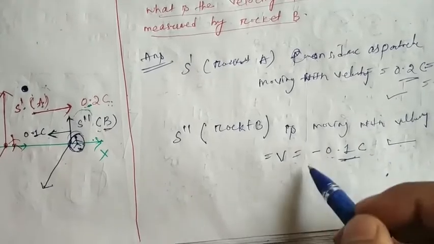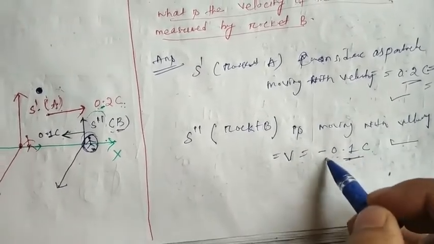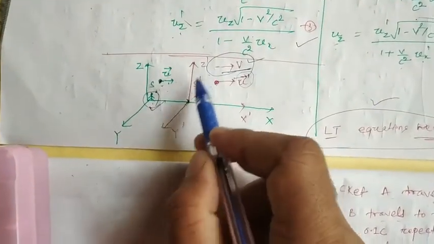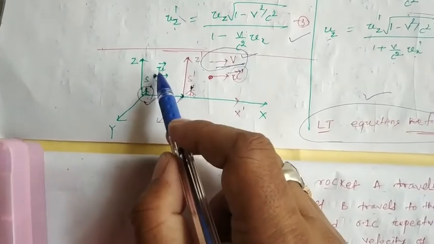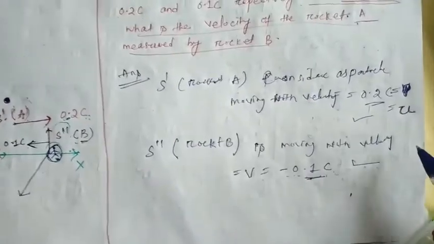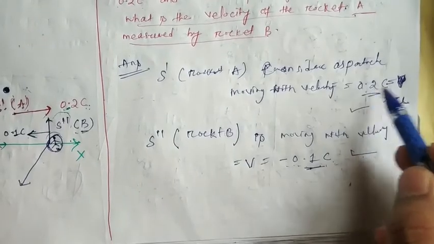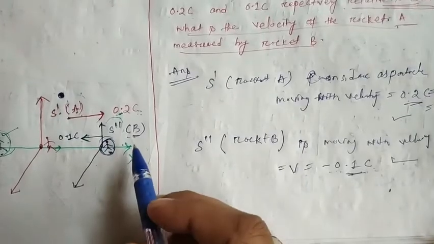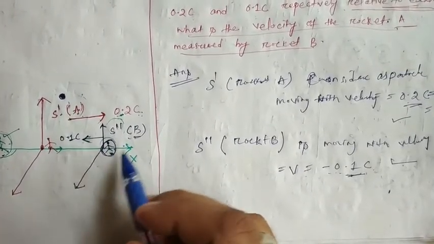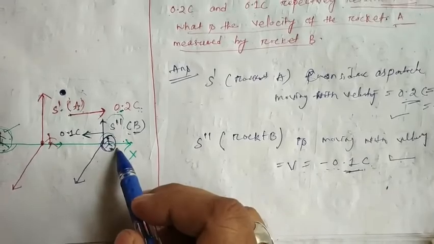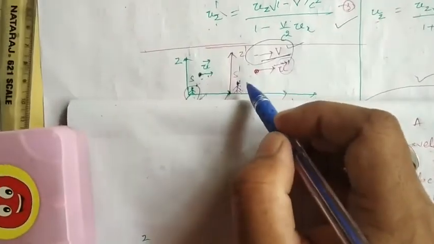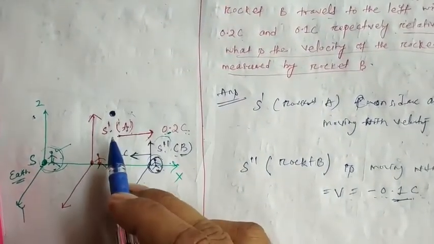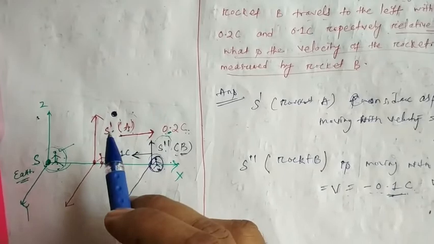Now here we found v is minus 0.1 c, equivalent to the velocity of the S dash frame, and the velocity of the particle, that is your u, we found as 0.2 c. Now we have to find out the velocity from this frame of reference, here this is S double dash, but here this is S dash. So now from this S double dash frame of reference, what will be the velocity of S dash or the velocity of the particle?